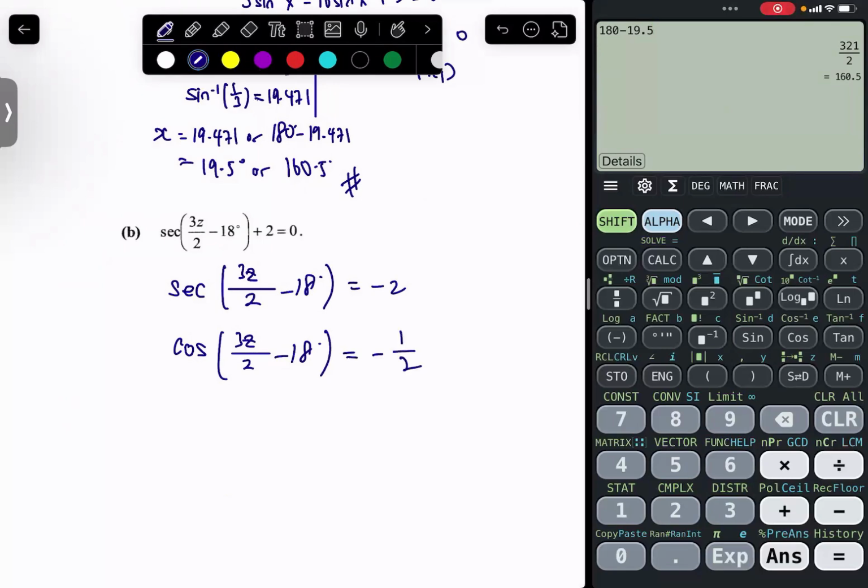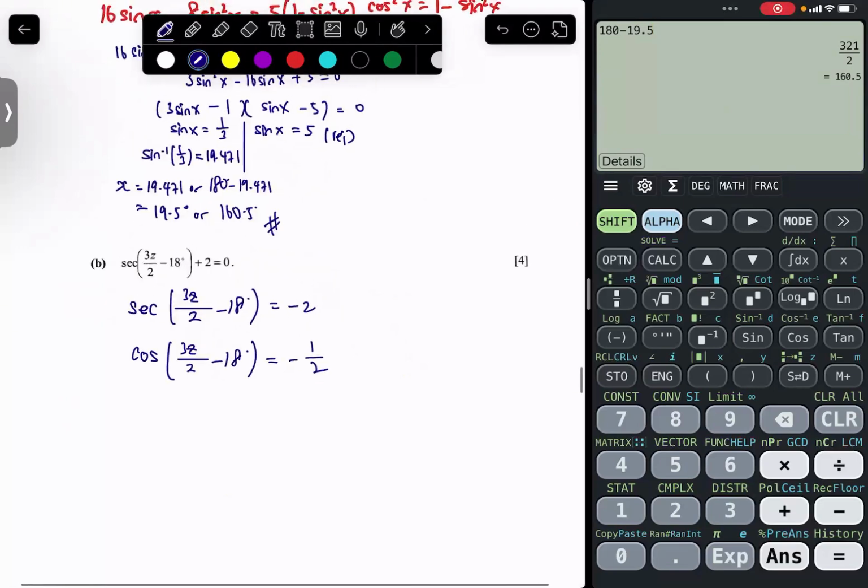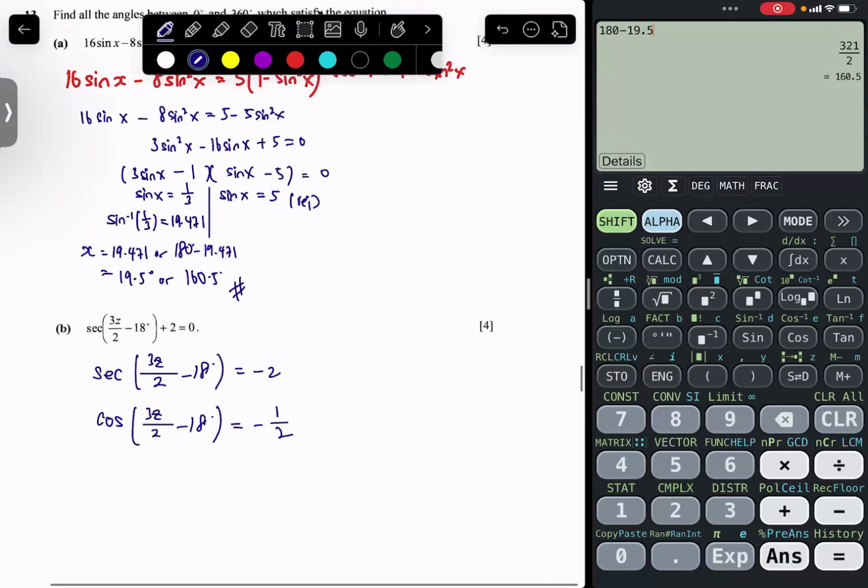Alright, so considering the basic angle, we say that the basic angle of z must be z itself, right? Because over here we are ready to take the inverse. So z must exist greater than 0 and smaller than 360.